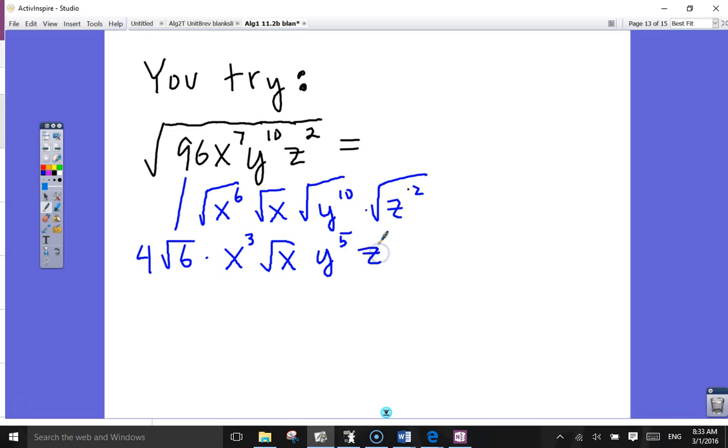Z. So now put all the things that are outside the radical in front of the radical. 4x to the 3rd y to the 5th z. And then all the things that are inside radicals, put them together in one radical. That's about as complicated as it gets at this level.